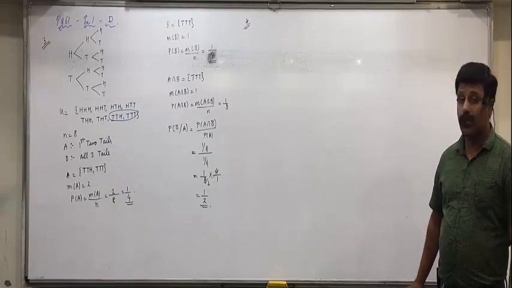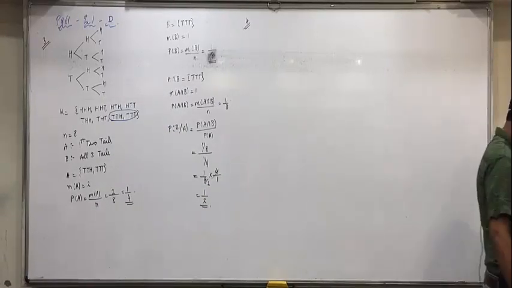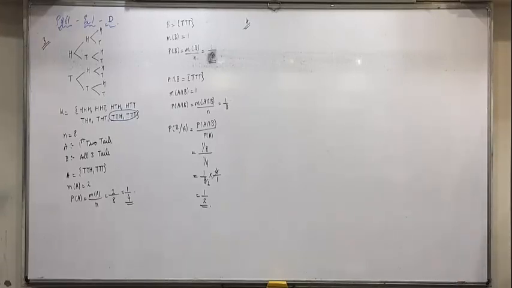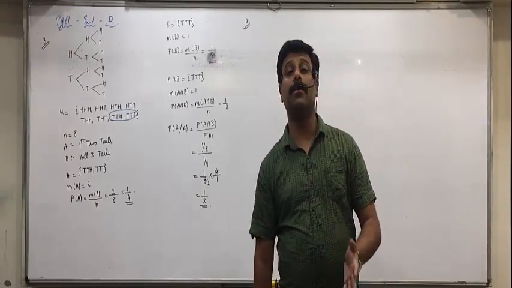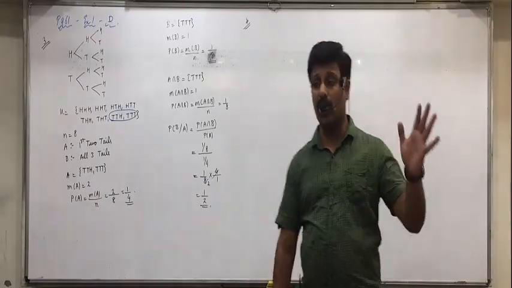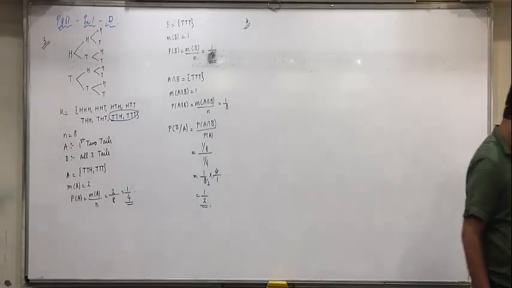So all are clear with this third question. Now look at the fourth one. If events A, B and C are independent events, underline independent events, so A intersection B is A into B, and so on, all the intersections multiply.